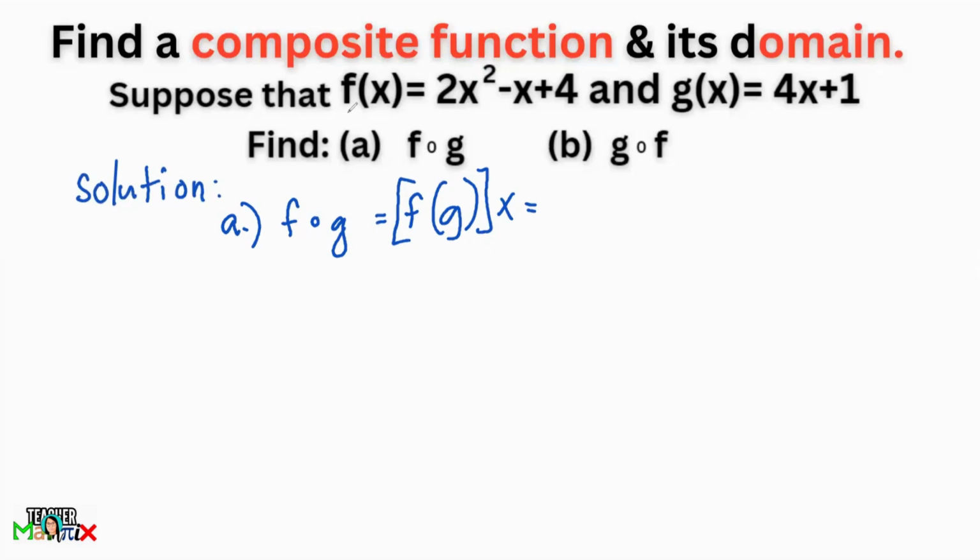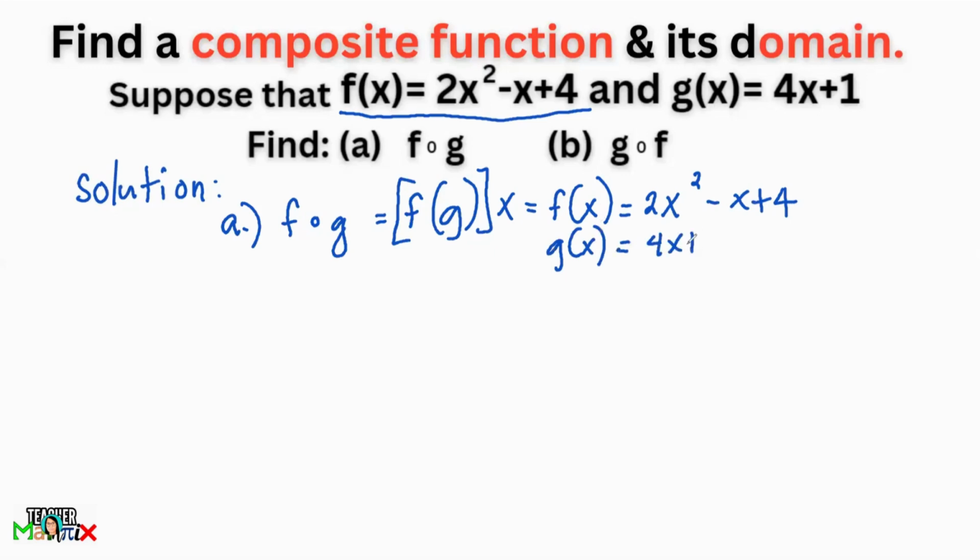So, let's copy this first. That is f of x, 2x squared minus x plus 4. Then g of x, 4x plus 1.